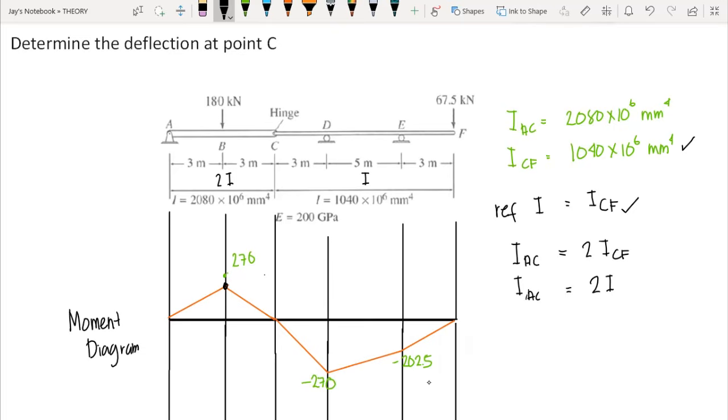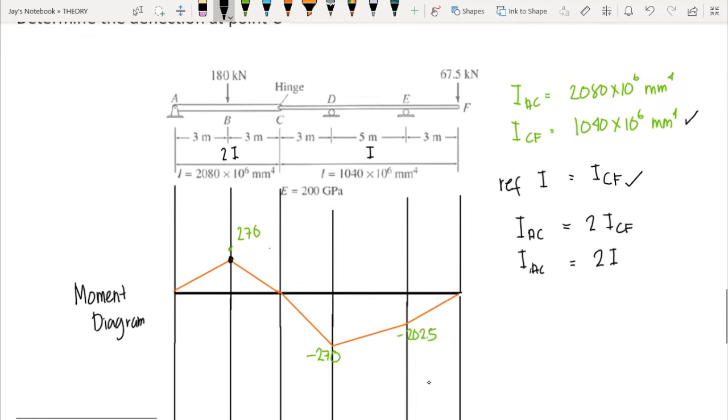Now, in our moment diagram, since we have different moments of inertia, we can set the moment at point B equal to 270 over twice the flexural rigidity, since we are adapting 2I here, where I is the moment of inertia of member CF.